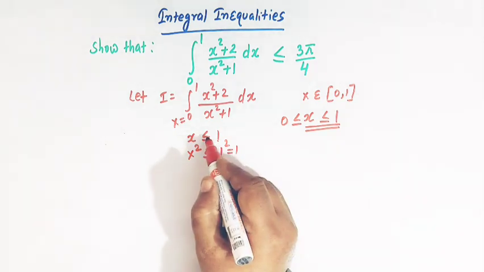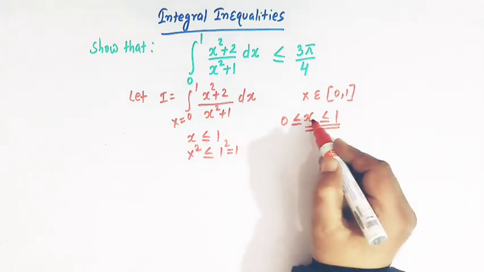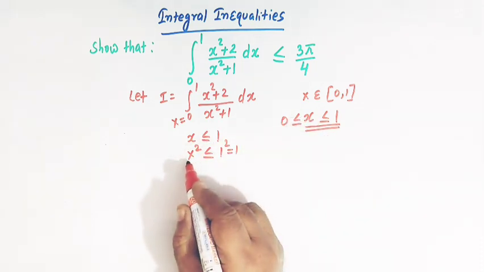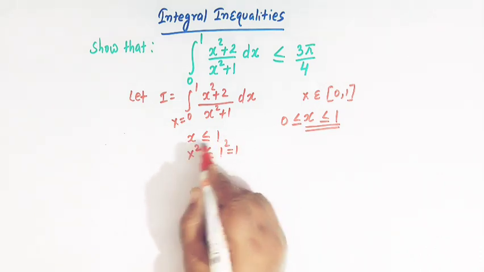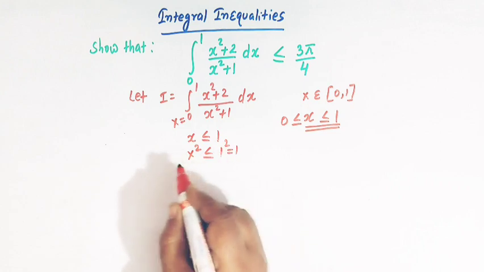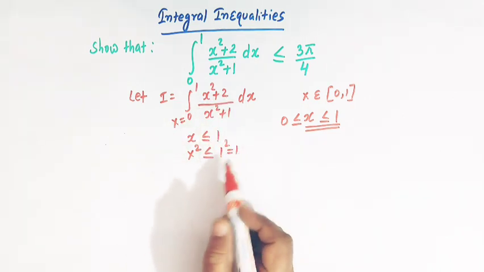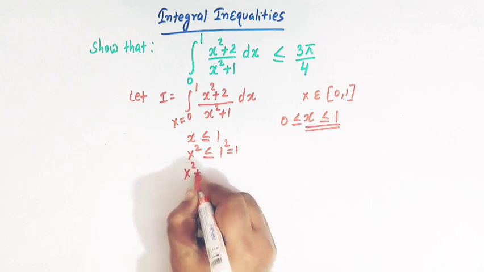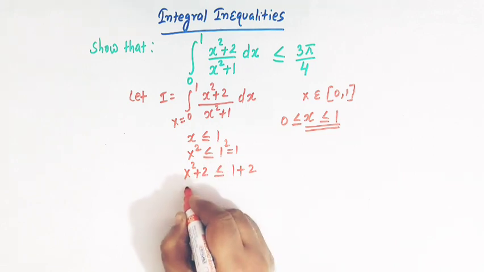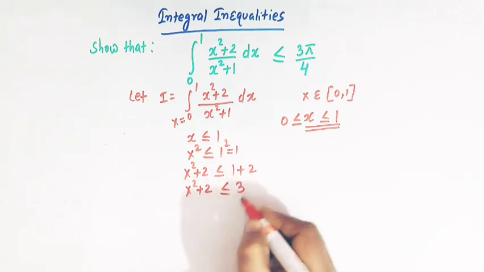The direction of the inequality remains the same, as x is greater than 0, so there is no harm in squaring both sides. So x square is less than or equal to 1. Now let us add 2 to both sides. We get x square plus 2, and here we have 1 plus 2, so x square plus 2 is less than or equal to 3.